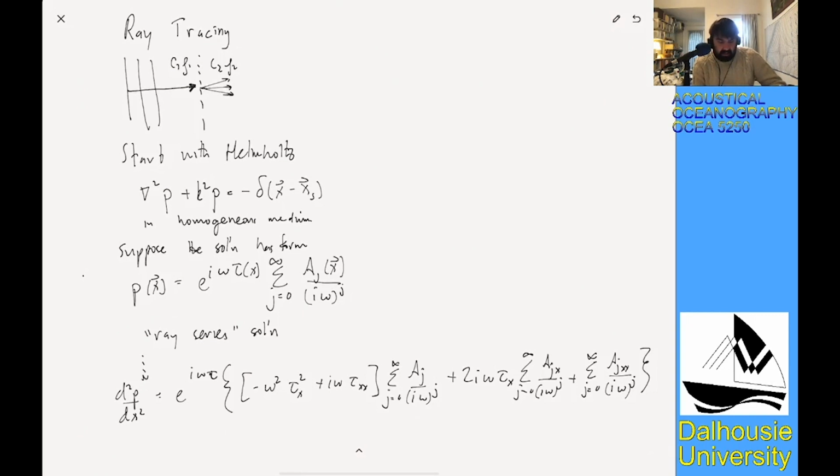Okay, and then we plug this into our Helmholtz equation, and what do we get? Well, we need a new page for that.